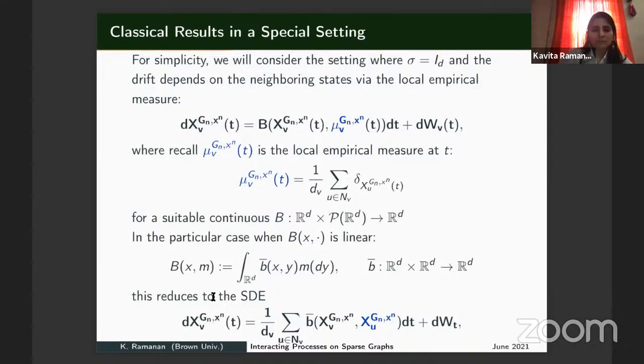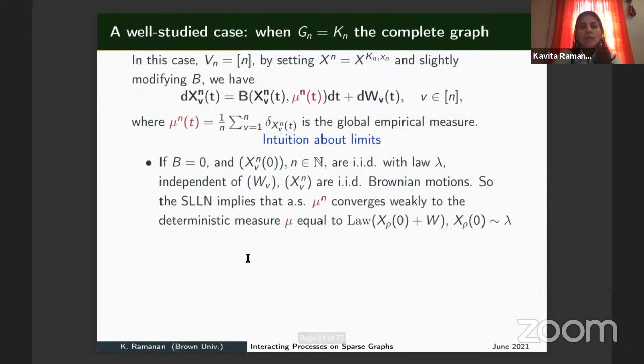Okay, in this particular case, sometimes things simplify a little bit because b is linear, but we don't necessarily require it. Okay. So like I said, the well-studied case is when Gn is equal to Kn, which is the complete graph. Okay, so everyone's connected to everybody. In this case, by slightly modifying b, because strictly speaking, b would depend only on the empirical measure of the neighbors, which would remove itself, but I can slightly modify b to pretend that this is the global empirical measure, right?